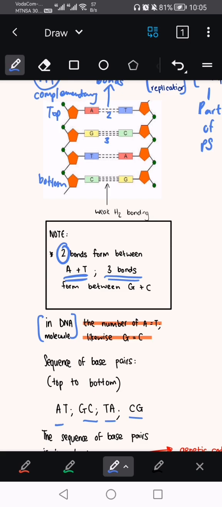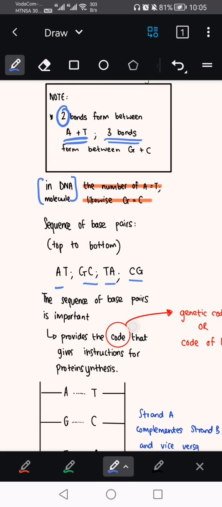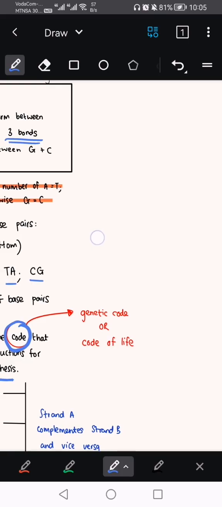Now, the sequence of base pairs is important because it provides the code that gives instructions for protein synthesis. And this code, which we have discussed already, is your genetic code.